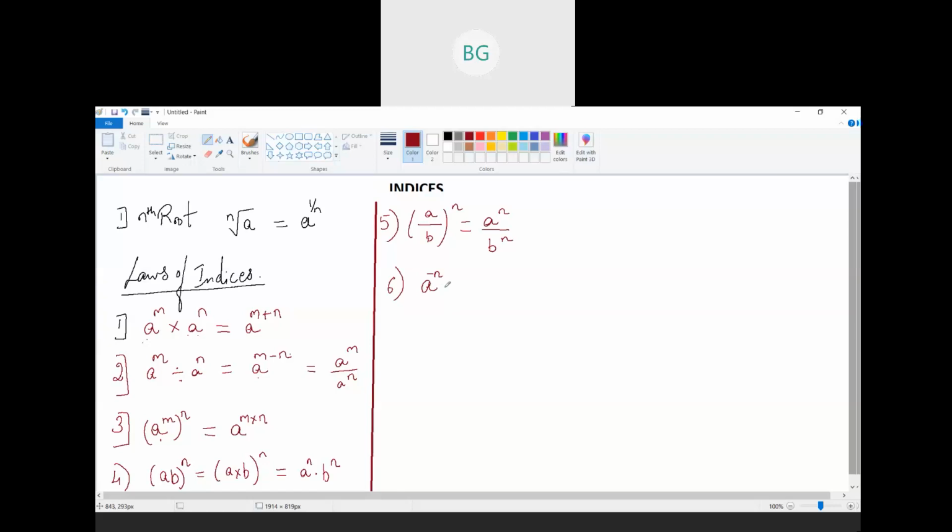Whenever we convert a negative power into positive, we always take the reciprocal of the base. The base is a, so it will be written as 1 upon a, and the power becomes positive. So a raised to minus n is equal to 1 upon a raised to n.